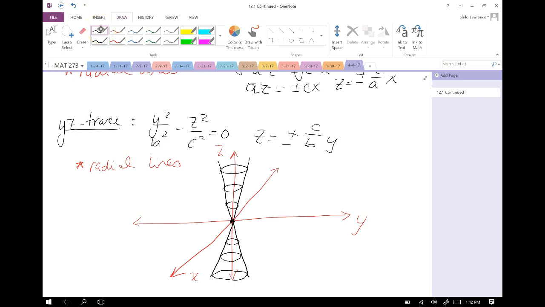So all elliptic cones are mirrors? They're actually two-sided, yes. In math, cones are always two-sided. Oh, really? Mm-hmm. So is there a special name for a cone that's one-sided?